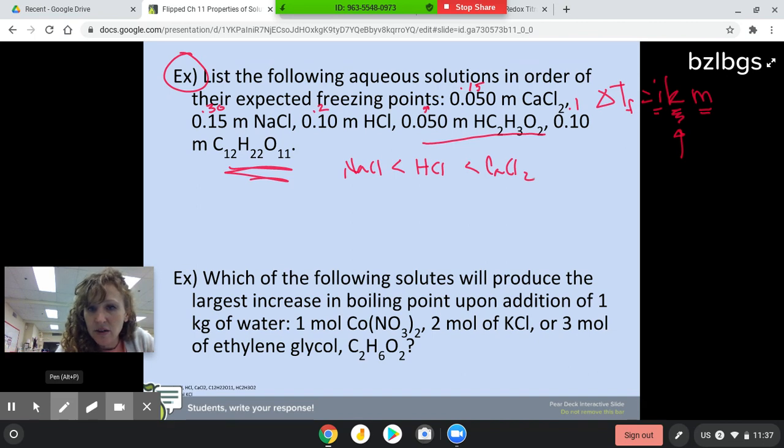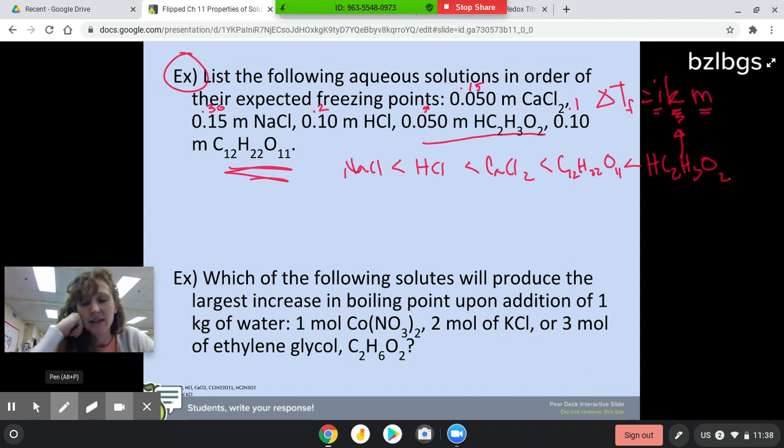And then glucose or whatever that is will be next with 0.1. And then HC2H3O2 is going to have the highest freezing point, the least depressed freezing point, at 0.05 or maybe 0.06.